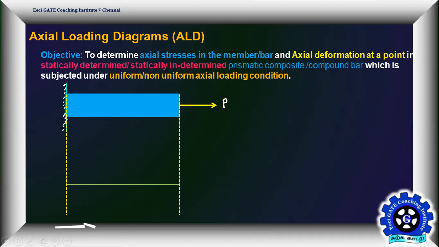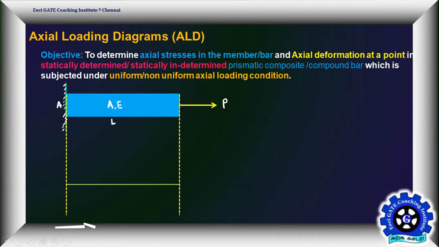Length will be L, area of cross section will be A, and E will be the Young's modulus. AE is nothing but axial rigidity.